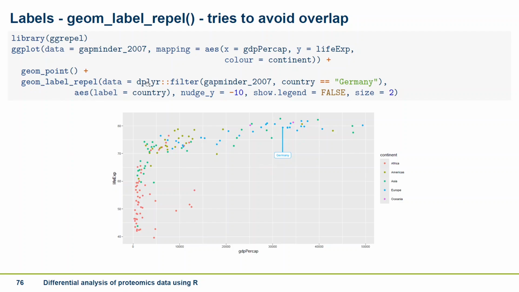For that, we use again the filter function to filter out only the single data point for Germany. And we use the aes to define the label as the country. And then nudge_y and nudge_x would allow you to move it around a bit on the x and y axis. Again, show.legend false, make it a bit larger with a size of 2. And then you see that Germany here is nicely labeled in this plot without hiding any other data points.